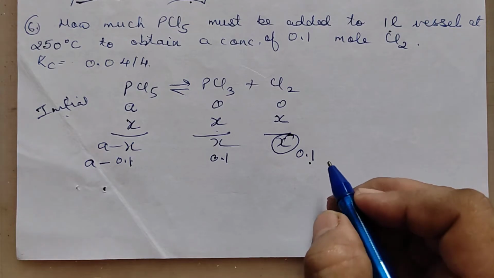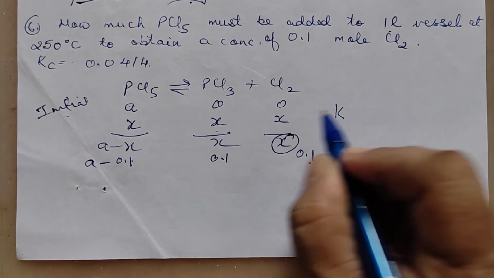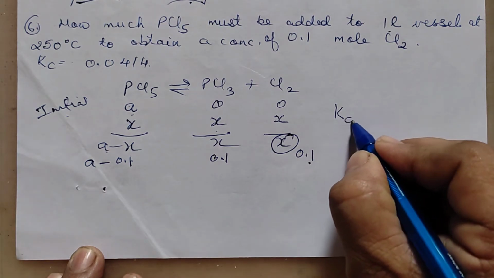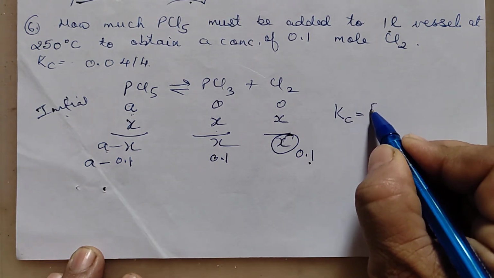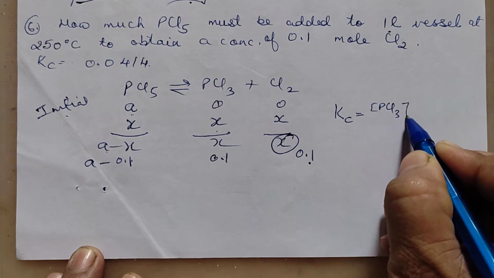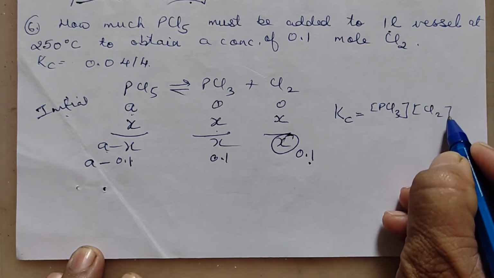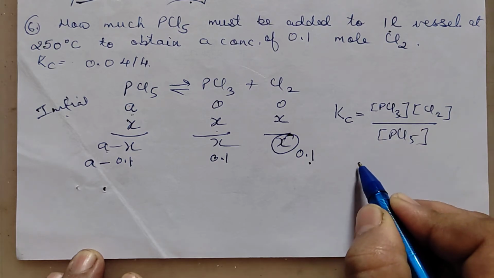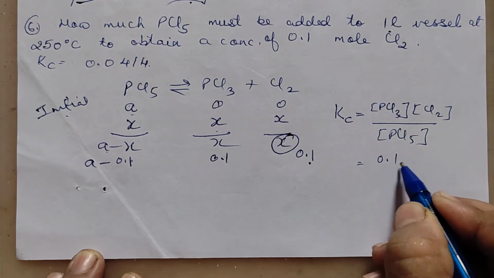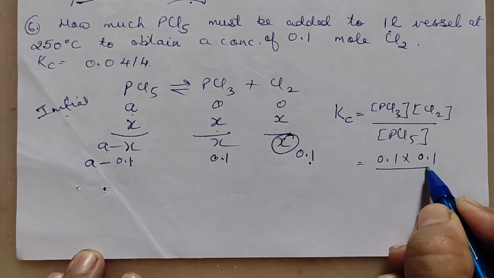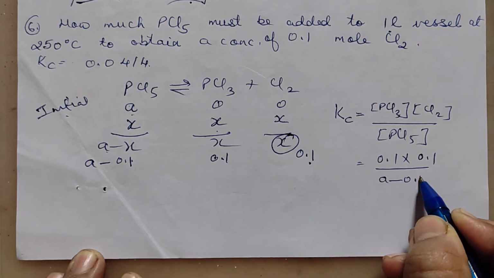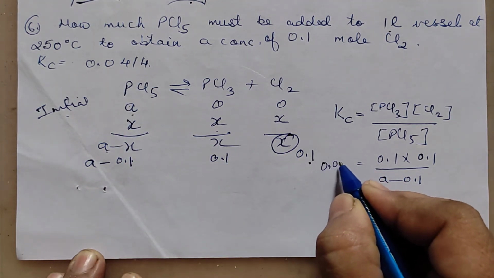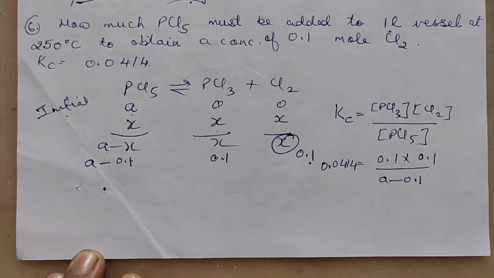Now they are asking us to calculate Kc. No, Kc is given. They are asking us to calculate this A value. Very simple now. Kc is equal to concentration of PCl3 multiplied by concentration of Cl2 by concentration of PCl5. So we will put 0.1 multiplied by 0.1 divided by A minus 0.1, and this Kc value is given here as 0.0414.